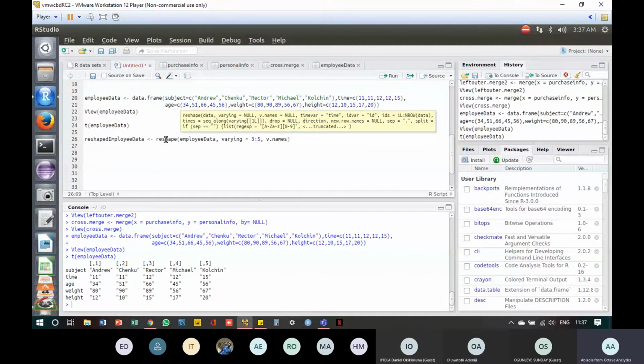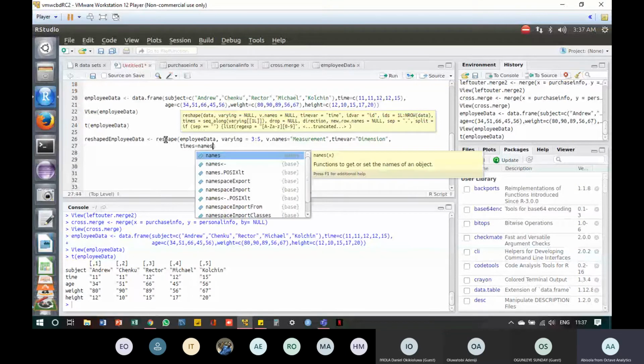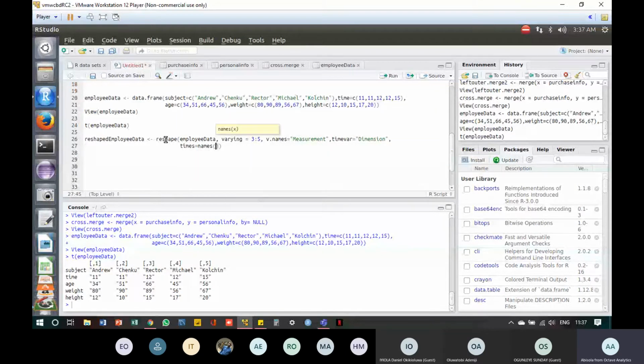Time var, multi-dimension, times equal to names, employee data, 3 to 5.